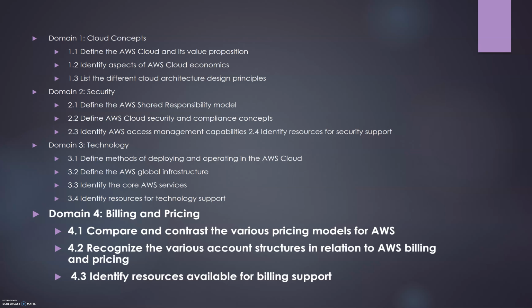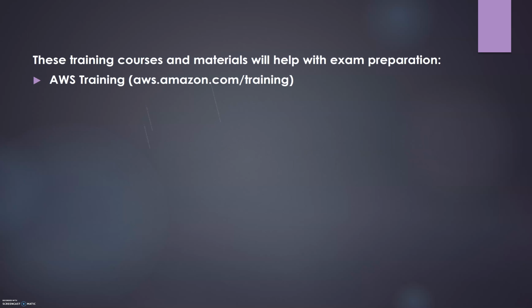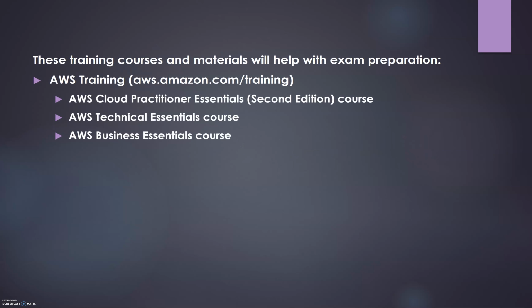The next section we're going to move into is exam preparation, which is, to me, the most important part next to how much it costs to take the exam. These training courses and materials are taken from AWS's site, so they will help with the exam preparation.